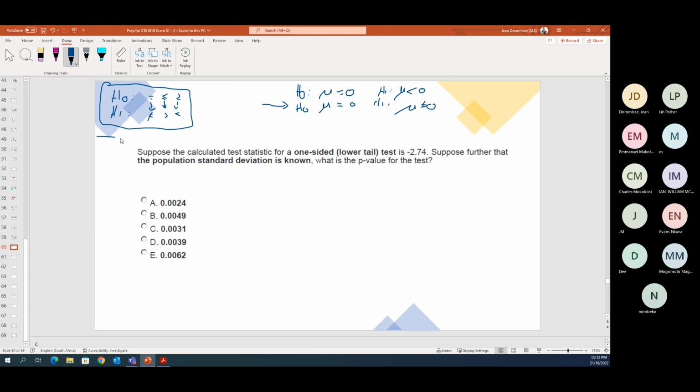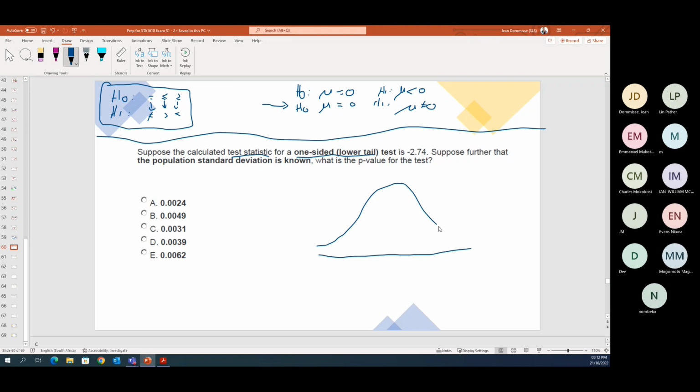Okay, so let's quickly look at this question. Suppose the calculated t statistic for a one-sided lower tail test is minus 2,74. Okay, we don't know yet what they're asking us.